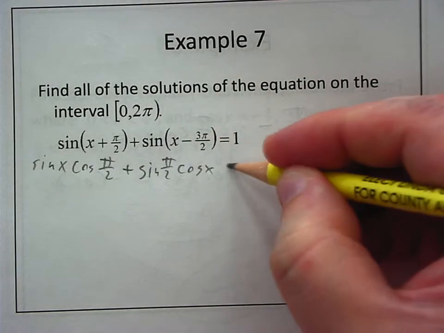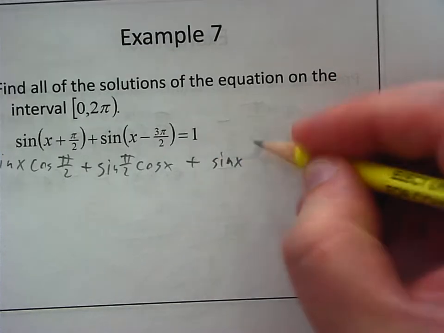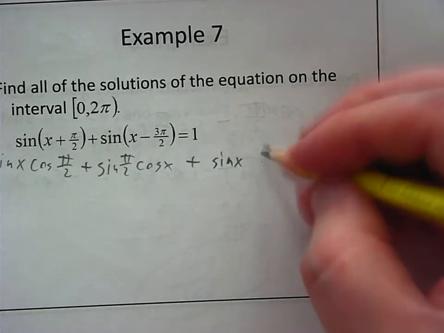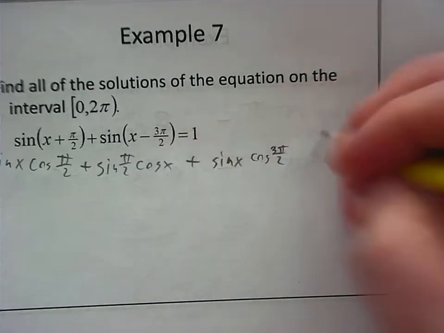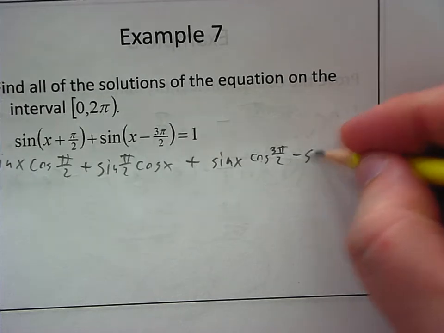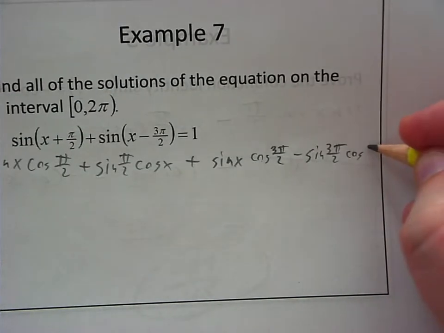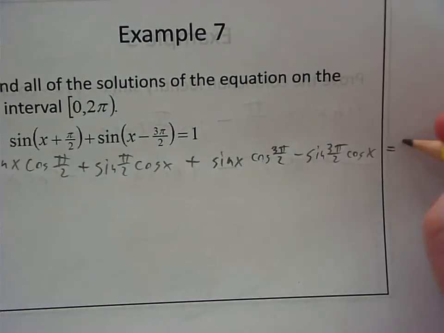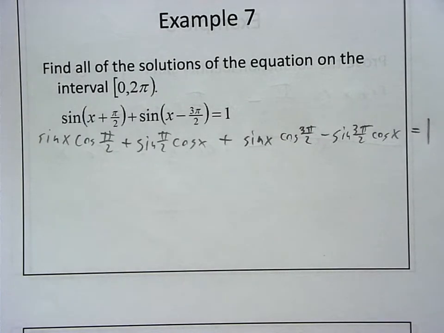I'm going to add to that sine of the first times cosine of the second minus sine of the second times cosine of the first. Should equal, or does equal, 1. You want to figure out when the x value gives you that.